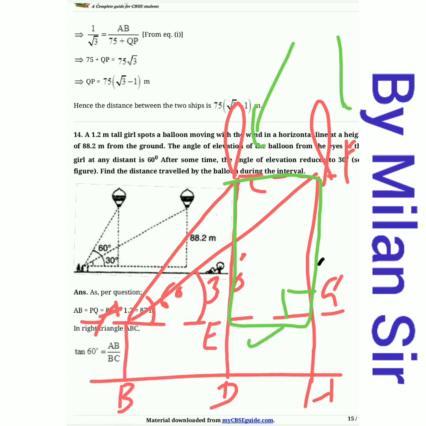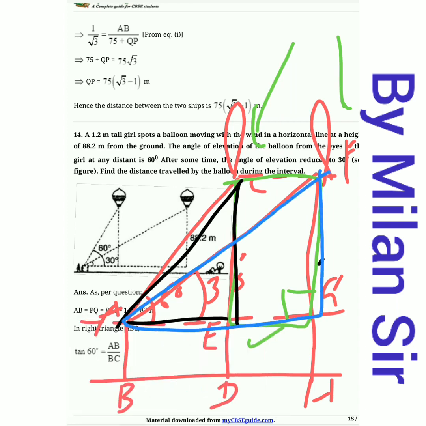One is CEA and the second one is FAG, right? So EG is a part of a right angle triangle, so we can find it. Okay, so EG is also our distance traveled by the balloon during this interval because CF is equal to EG. So here we find EG.